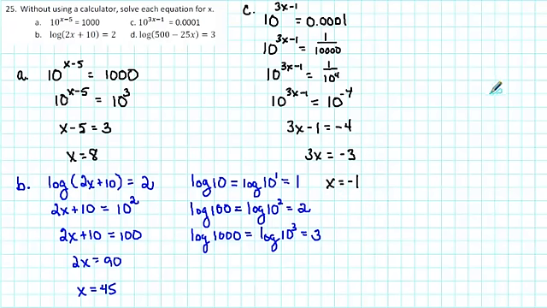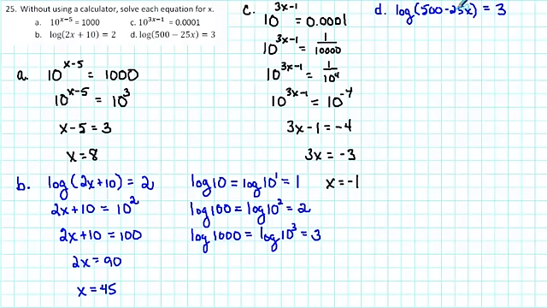In D, we're asked to solve the equation log of 500 minus 25x is equal to 3. For this equation, we'll use the same strategy that we used in part B. We have the logarithm of something is equal to 3. Well, we've already seen that the logarithm of 1,000 is equal to 3.